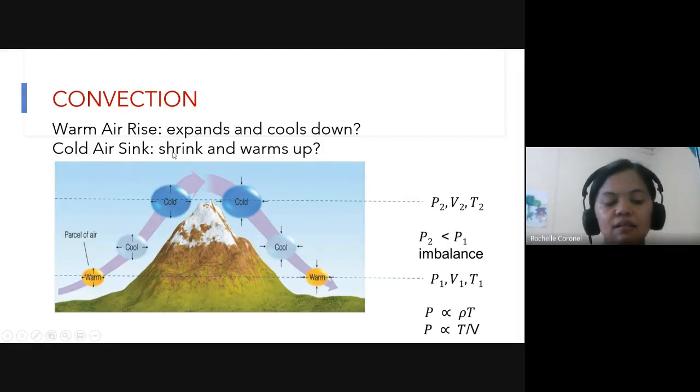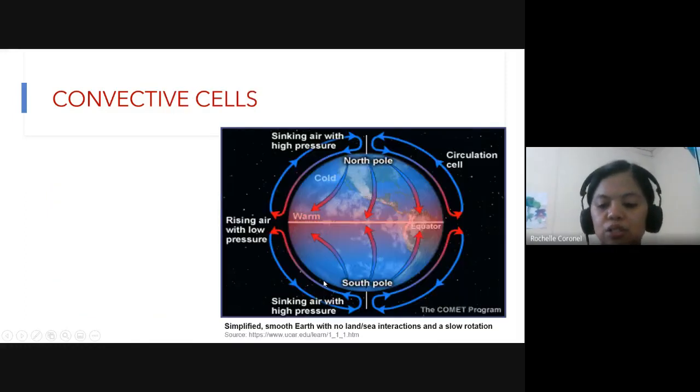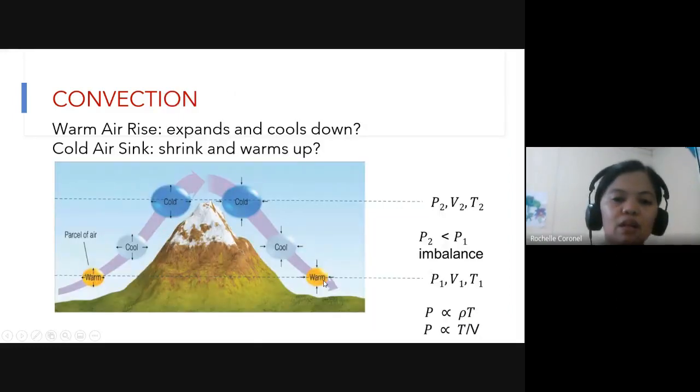As cold air sinks, it contracts, so it shrinks and then warms up. There's actually a term for that. But anyway, this is a form of convection that can lead to the formation of clouds and probably precipitation, in terms of snow or rainfall.